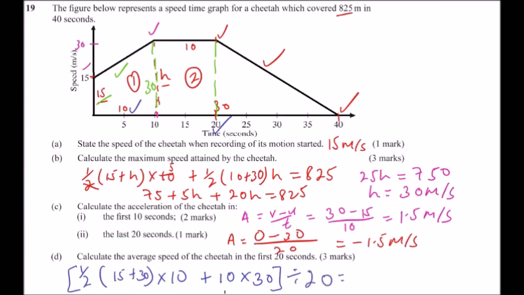So using your calculator, you'll be able to get 225 plus 300. You divide by 20, and you'll be able to get this is equal to 26.25 meters per second squared.